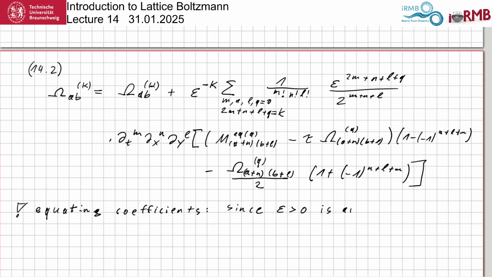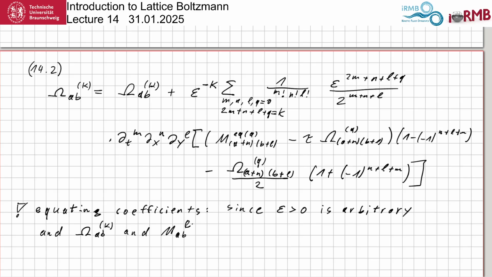So the thing with equating coefficients is that this has to be true for any epsilon larger than 0, and this will only be true for any epsilon larger than 0 when it's true for all of the orders individually, right? This is the idea behind equating coefficients. So equating coefficients is something that in proving stuff for numerics you always need to use, almost always.